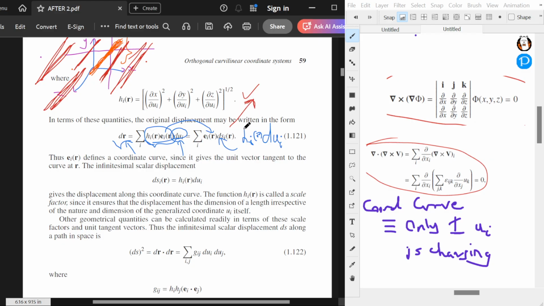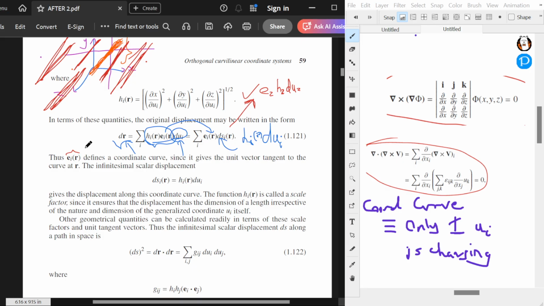So e_z, h_i du_i, h_c du_c. Okay. Thus e_i defines a coordinate curve. e_i is just a position unit vector.